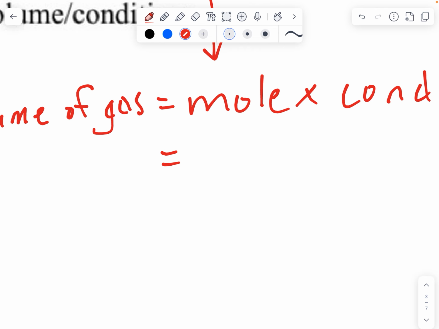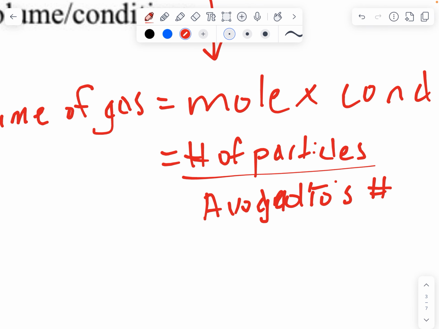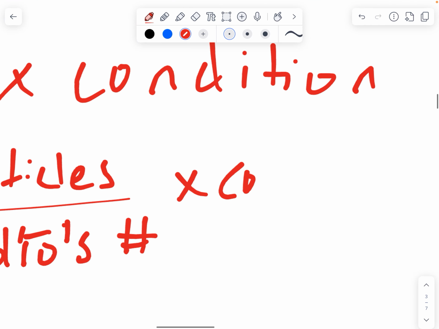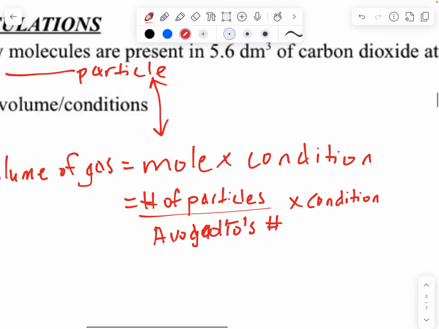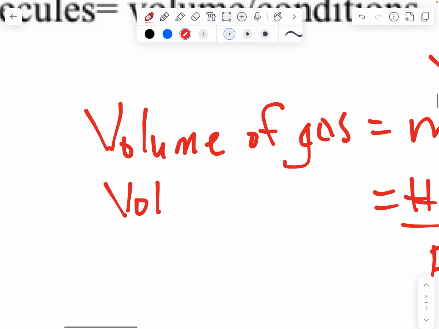So I'm going to write it. Number of particles divided by Avogadro's, I think I spelled that wrong, Avogadro number times condition and we have our volume of gas.